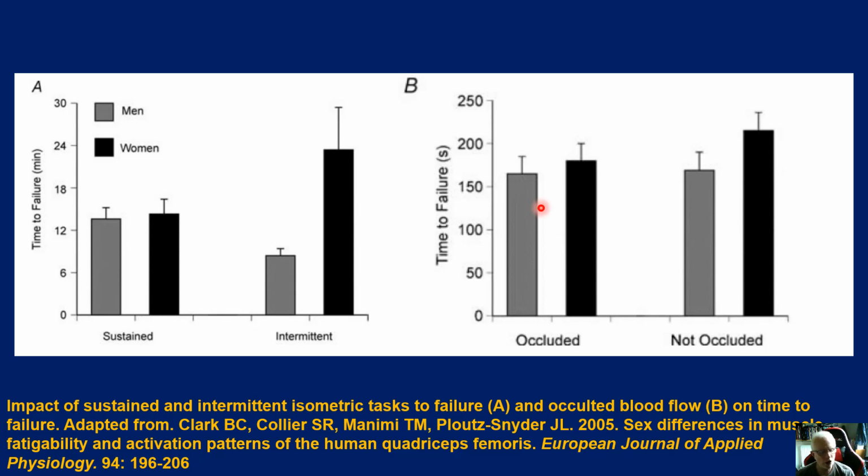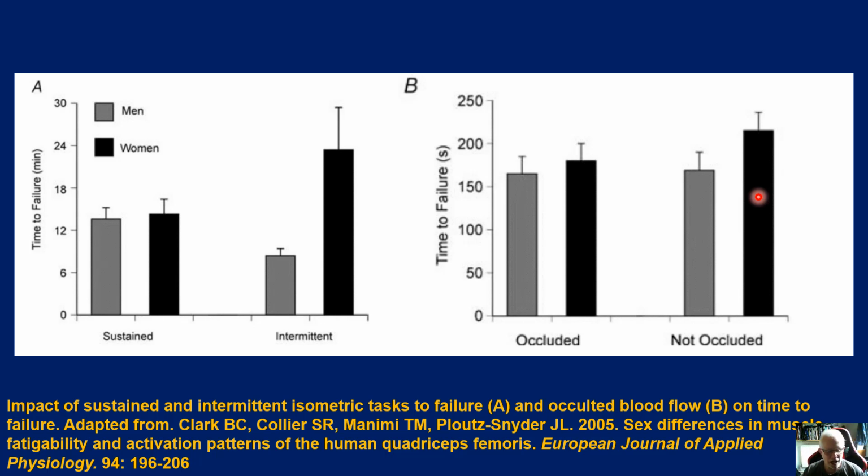When we occlude, what we see is that the time to failure, you compare occluded to non-occluded, you can see the time to failure is better, particularly for females in the non-occluded states, because they've got greater oxygen availability.